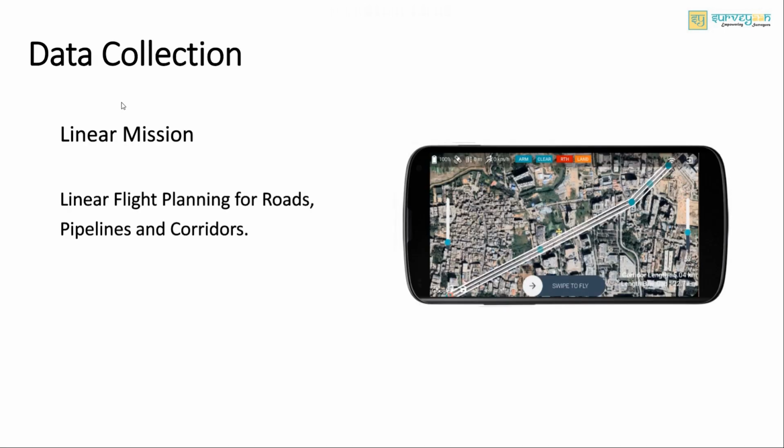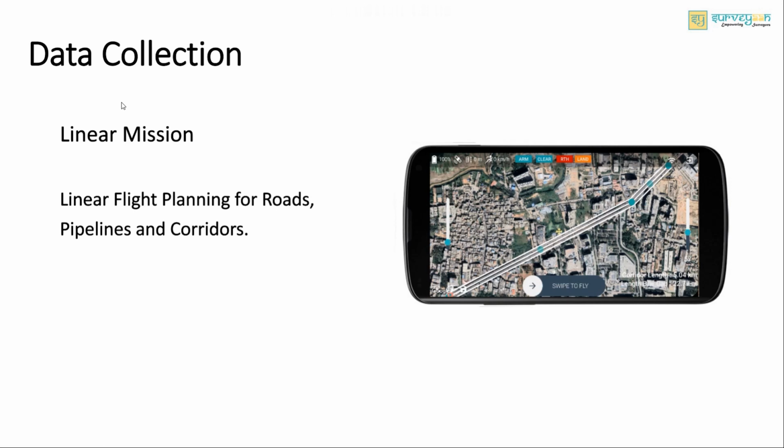The linear mission is used to survey roads, corridors, canals, etc. It is used to analyze line type features. The default mission shape is a line, which you can see here in the image, and here, with the help of the slider, we can increase the lines according to the mission and start the mission.